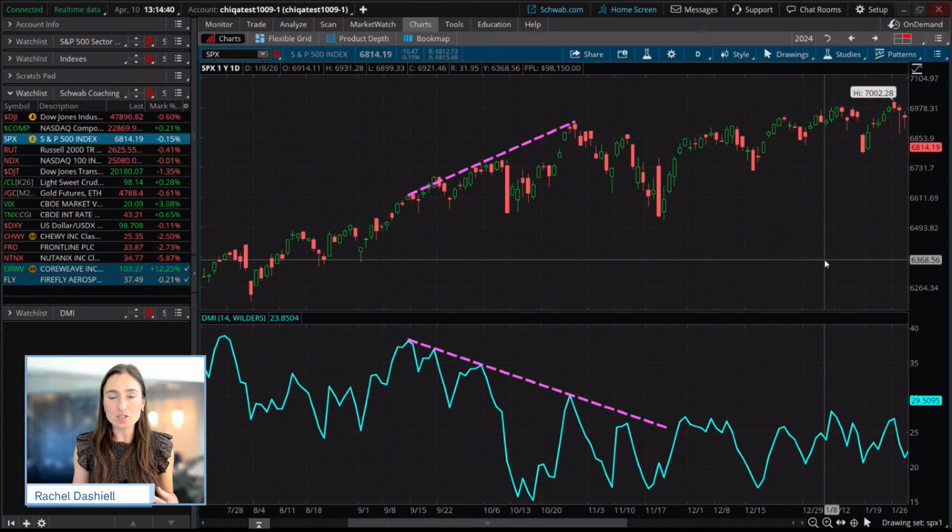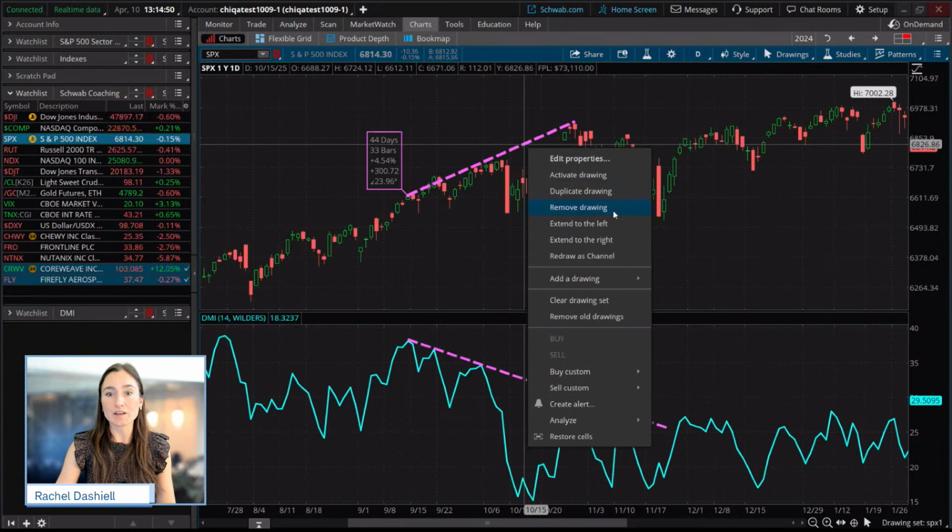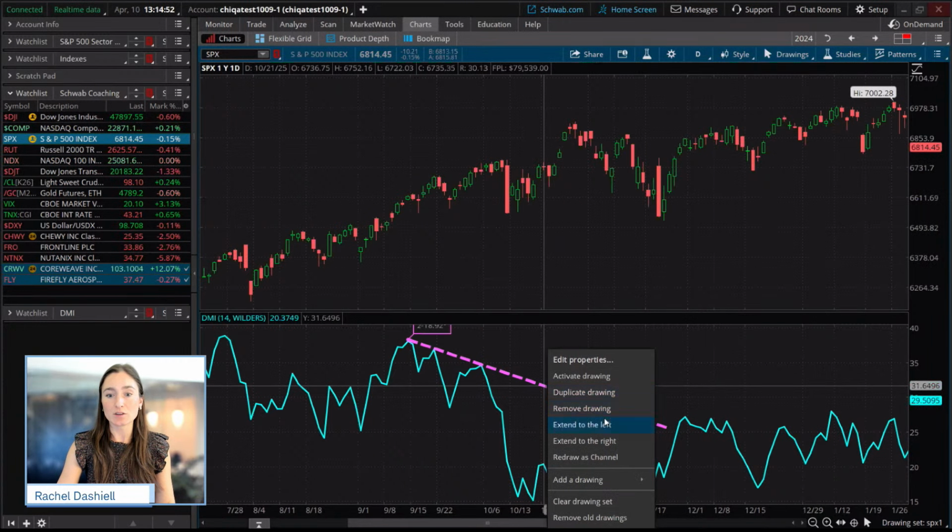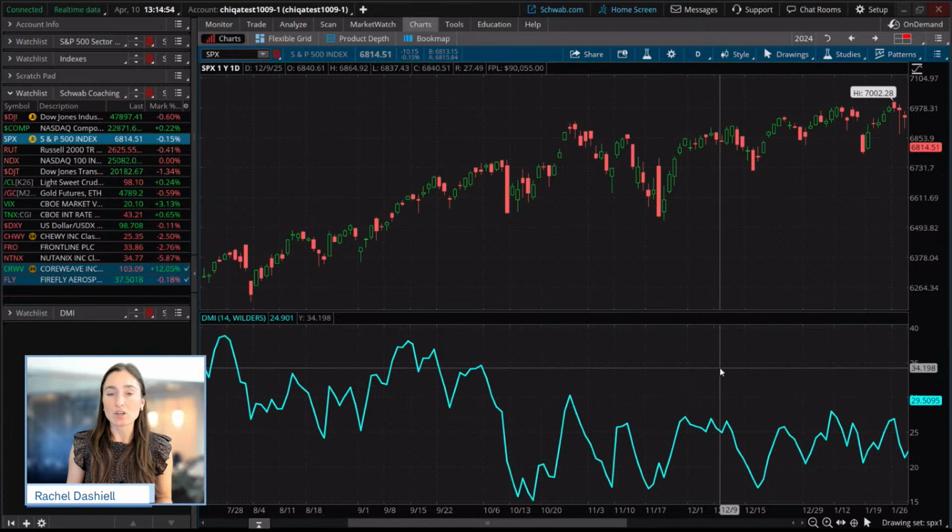So the acceleration to the upside with that directional movement is slowing. That is another way you're going to use this indicator, looking for divergences, because that may tell you there's a possible change in trend coming.